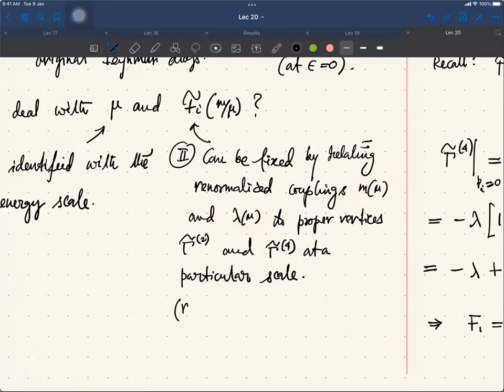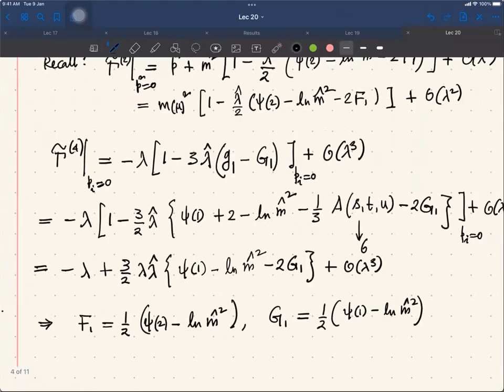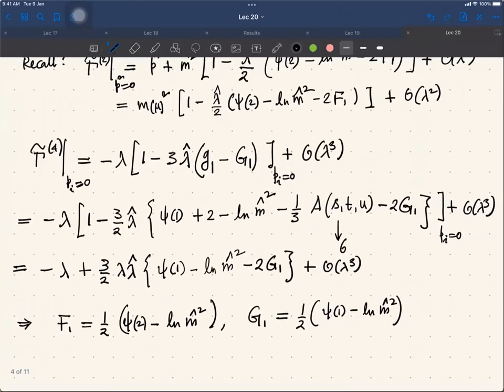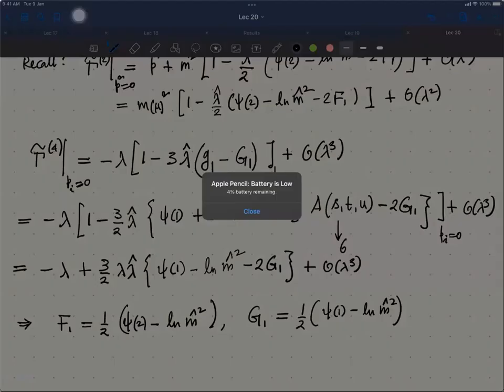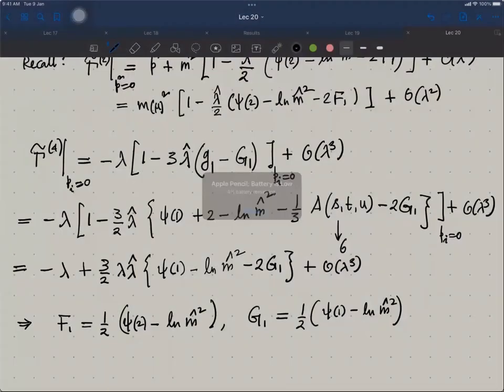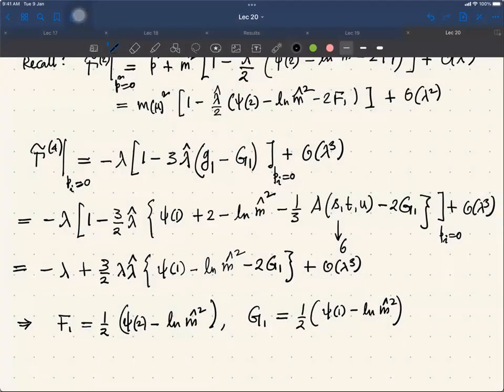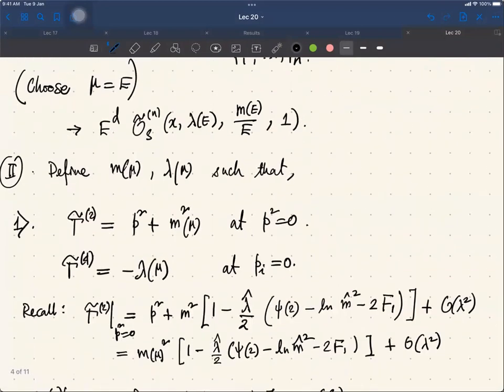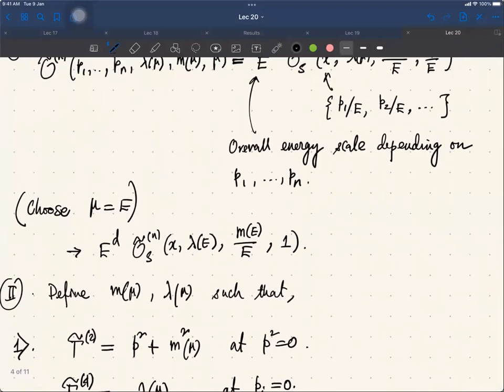So let me write it down here. And this renormalization prescription is not unique. It depends on the applications, the calculations that one is trying to do. Some prescriptions may be more useful, more convenient to use than others, and I will explain that. I will consider another renormalization prescription in the next slide, and I shall discuss that.